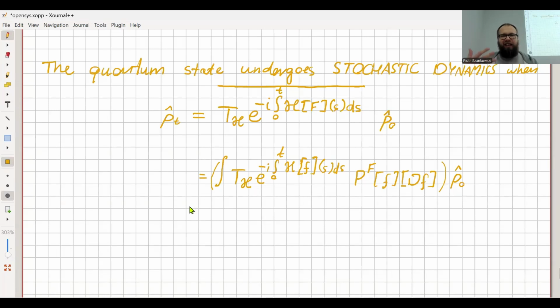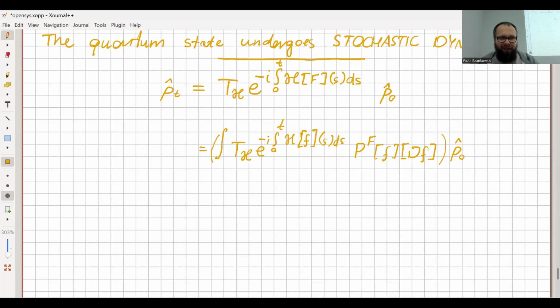So this is like an averaged unitary dynamics, let's say, where the generator is a stochastic superoperator.